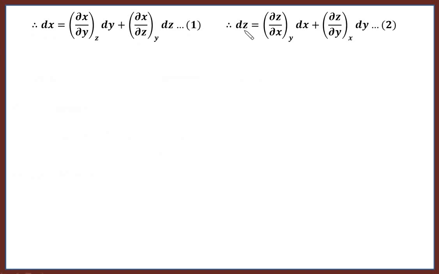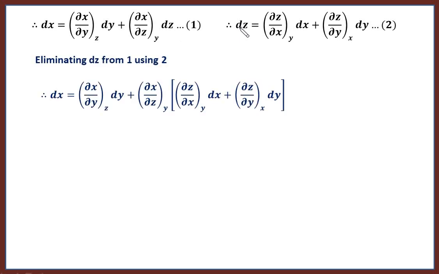We have these two equations. This is for the change in x, this is for the change in z. So we can eliminate dz from equation 1 by using equation 2. If you substitute dz in equation 1, then you will get this equation.